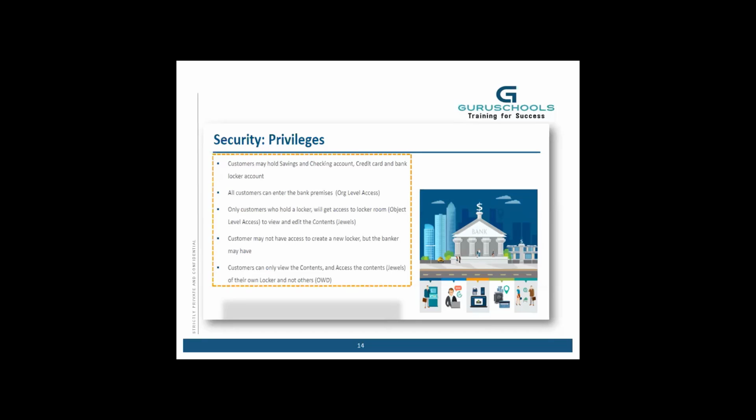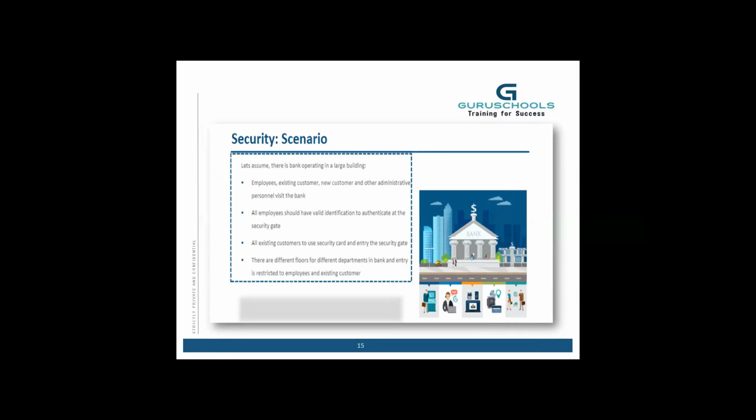Likewise, like for example HDFC bank is there, and if I don't have any account, then also I can visit. But the person who has an account, he or she can have that locker access and all. So all these scenarios we will be covering topic wise in the coming classes. Yeah, this was the scenario of the continuation.